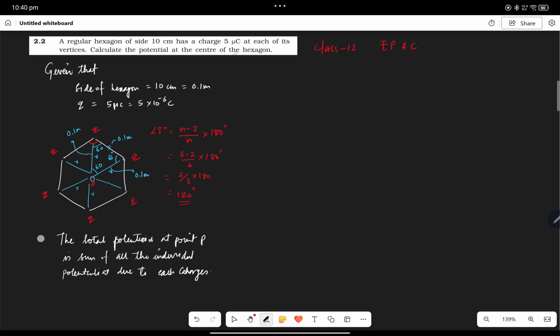So this is what you have to write. This is what you have to write, the concept. Now only the solution part remains.